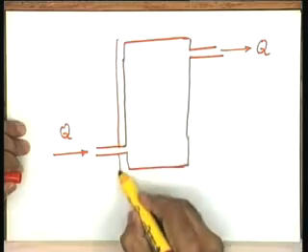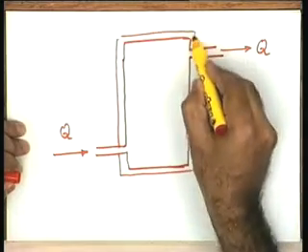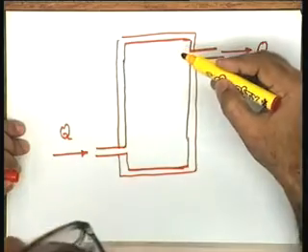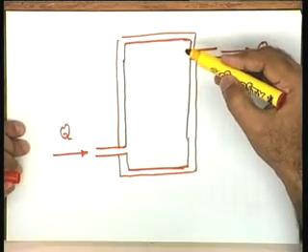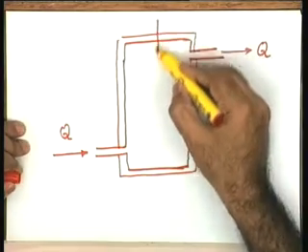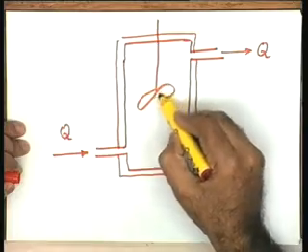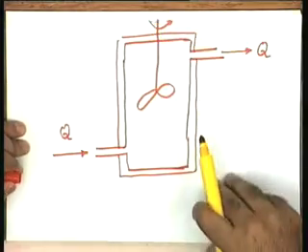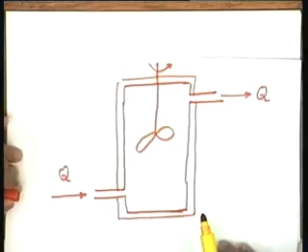In this particular case, as you know, the entire volume of the tank will not be at a uniform temperature, so I use a stirrer, so that using appropriate stirring I assume that the temperature of the liquid in the tank is uniform and can be represented by a single temperature.